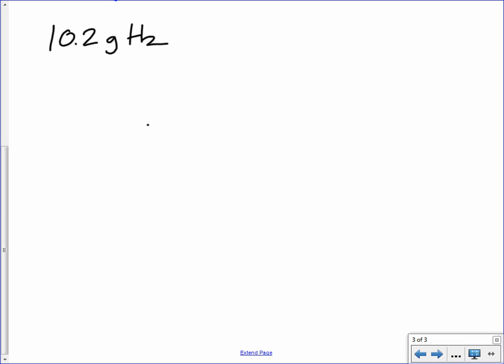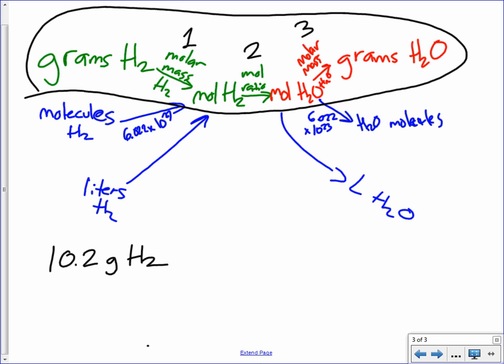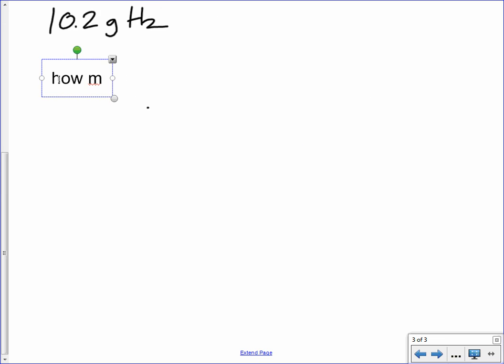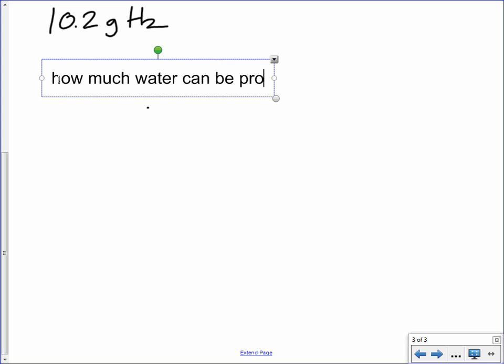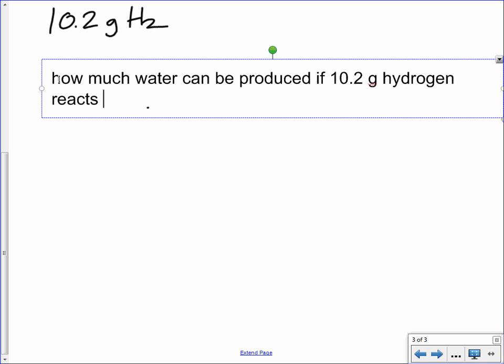Now we want to know how much water, let me write it here, okay, how much water can be produced if 10.2 grams of hydrogen reacts with excess oxygen. All excess means is that there's plenty of oxygen, so you don't have to worry about the amount.